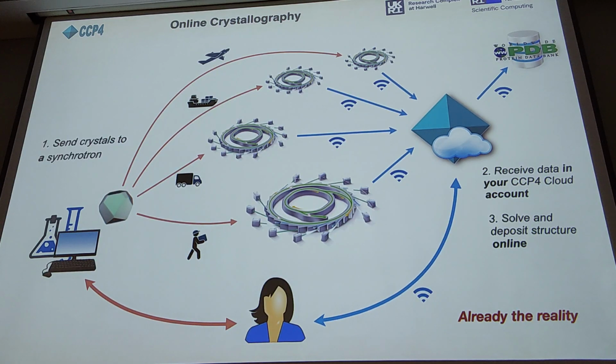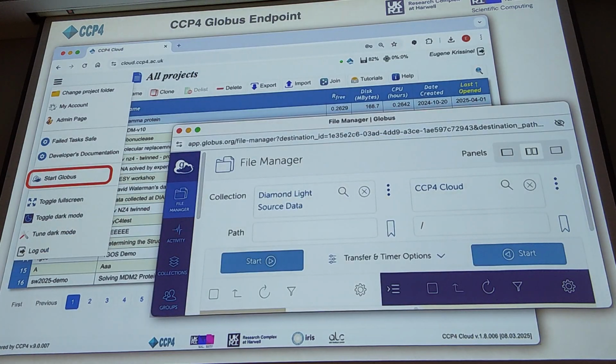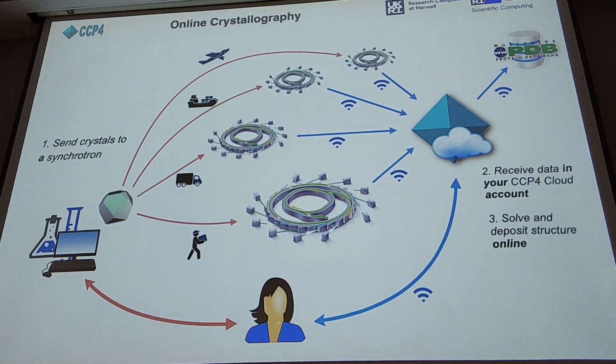They will probably run something like autoPROC, xia2, or HKL, and then you can automatically upload into CCP4 Cloud and do your structure solution. This is also the vision Deltris have, that you'll be able to upload from your beamline into the Deltris Cloud and do your solution there. That sort of thing is actually a reality. Certainly if you work somewhere like Diamond, we could do that already.